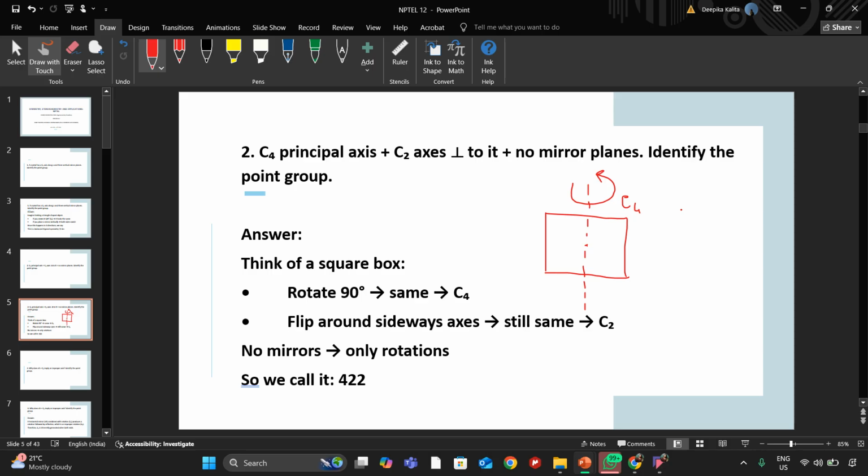The principal axis of symmetry is going to pass through this central point.